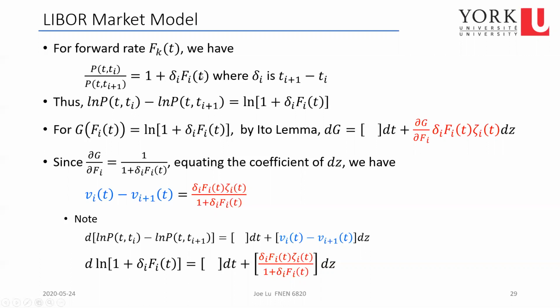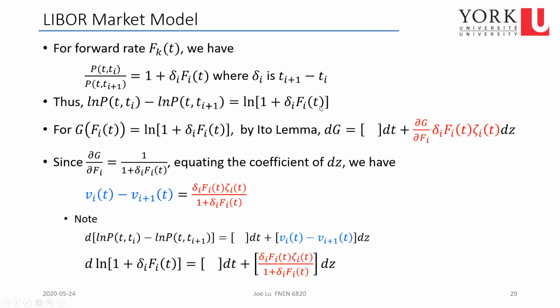So the forward rate is related to the price ratio of zero coupon bonds in this way. Then you can take the log: the difference of the logs of the two zero coupon bond prices is equal to the log of 1 plus delta_i F_i. So you then have this expression.